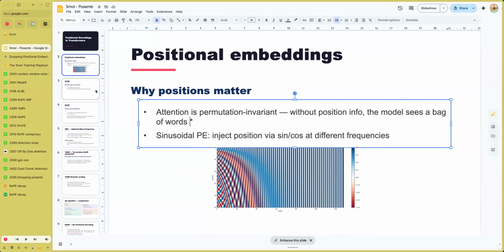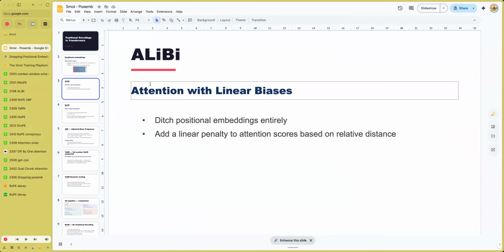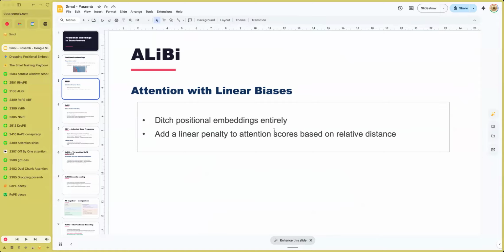One of the very first things that people tried after that was just ditching this concept entirely and directly applying some penalties on long distance tokens. We all know that usually when we generate a token, we want to look at just tokens beside it.